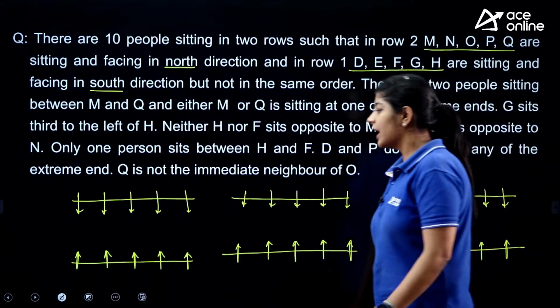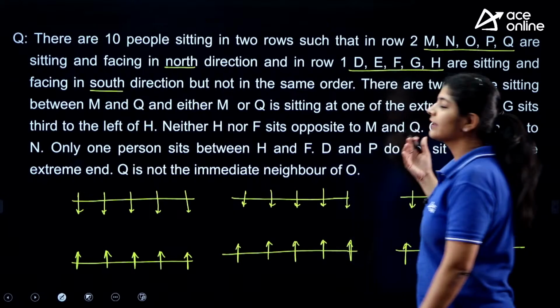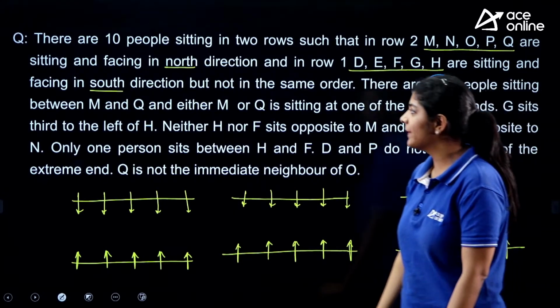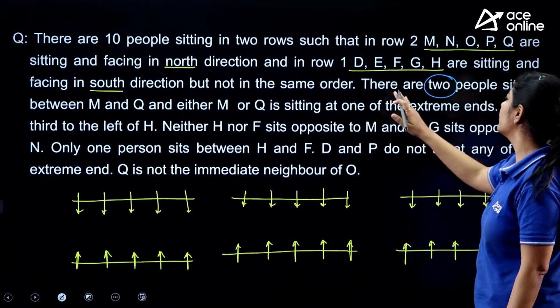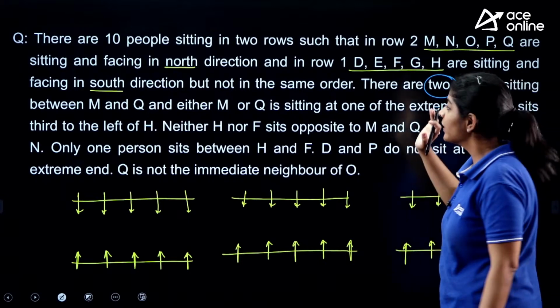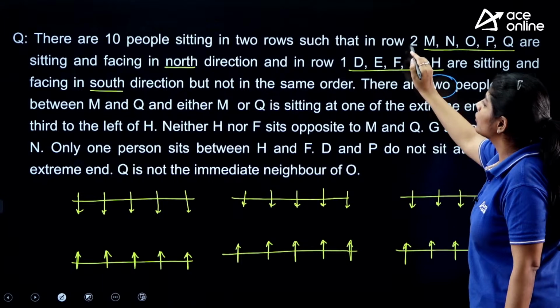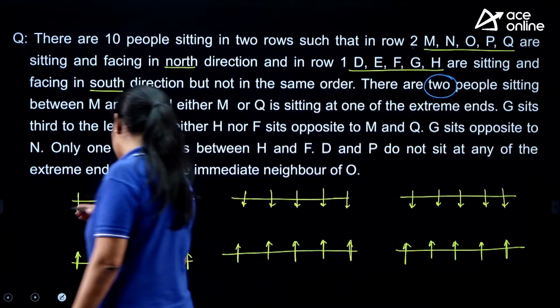Okay. Let's start drawing the diagram as per the given clues. The clue says that there are 2 people sitting between M and Q, and either M or Q is sitting at one of the extreme ends, and these people are sitting in row 2 facing north.